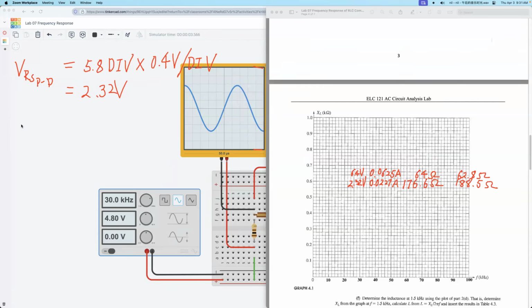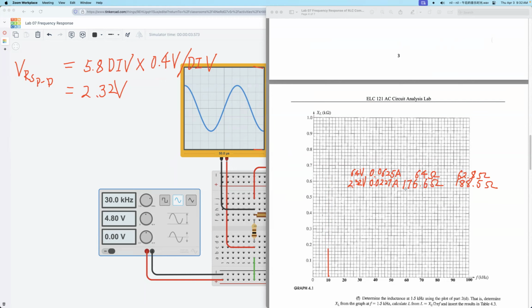So let me draw a line first. Okay. So this is the 10 kilohertz, right? So we need to draw a vertical line, go up. Actually, we're not so high. Okay. This is okay.